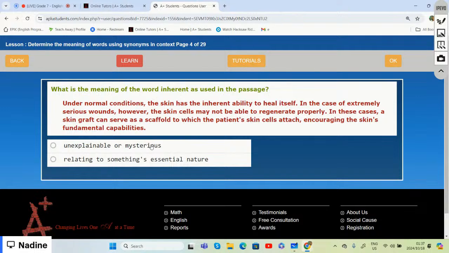Unexplainable or mysterious, or relating to something's essential nature.